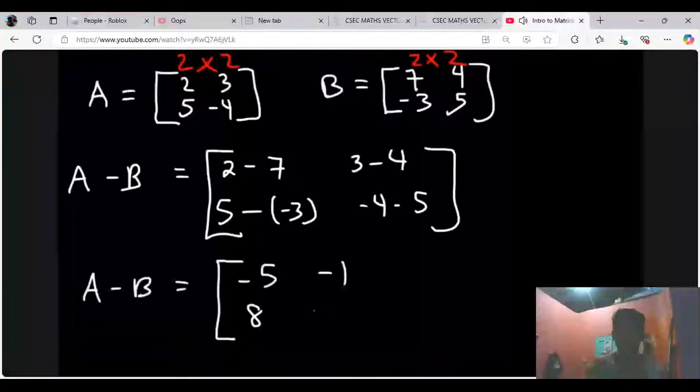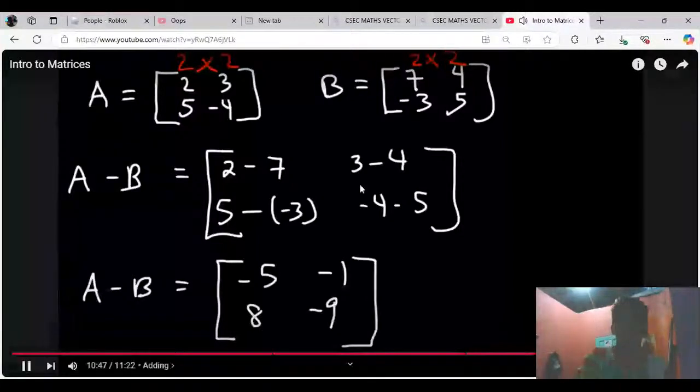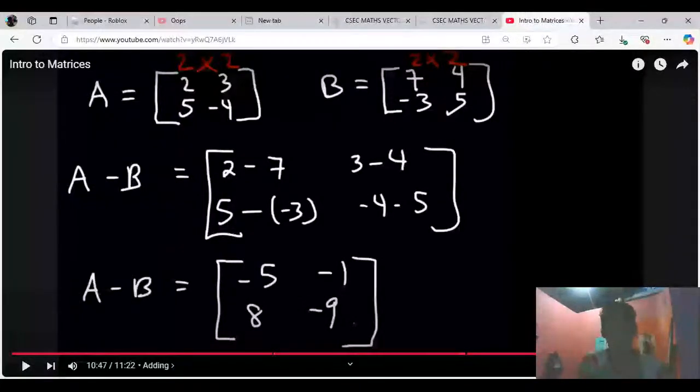And we did it, so we got the answer right for that. So that is adding and subtracting vectors and matrices when it comes to maths.